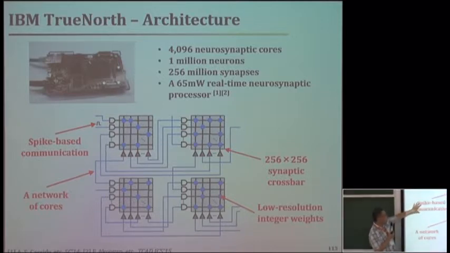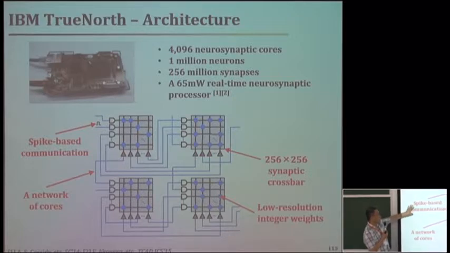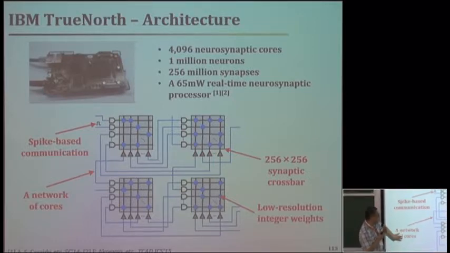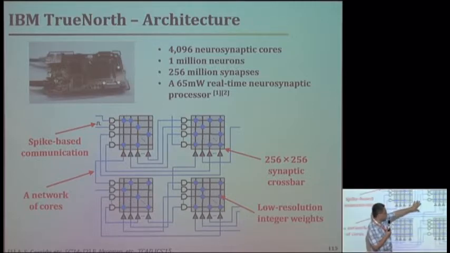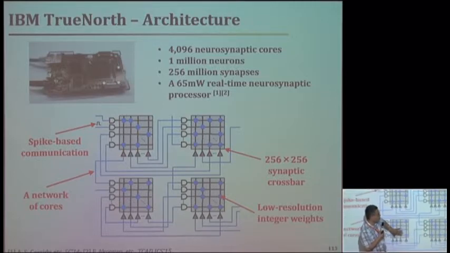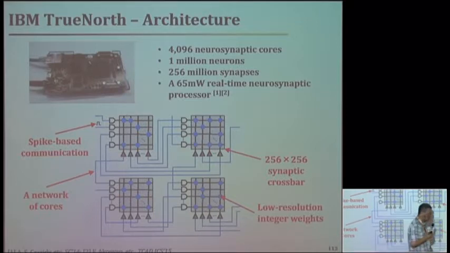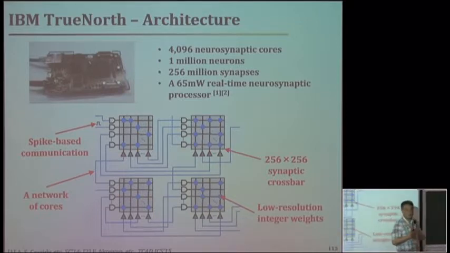So all the data here are represented by using spikes, 0 and 1, with very low frequency, about 1K or something. And a number of the cores connect all those cores together, and each synaptic weight here is only about 7 bits.